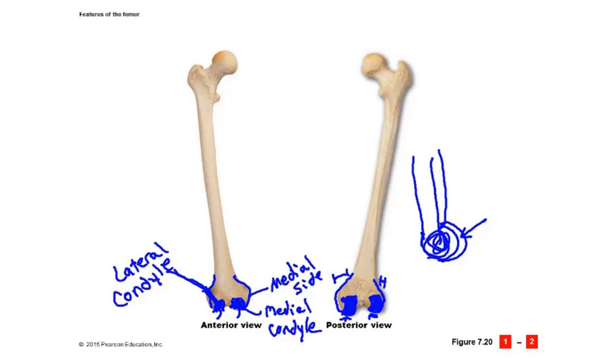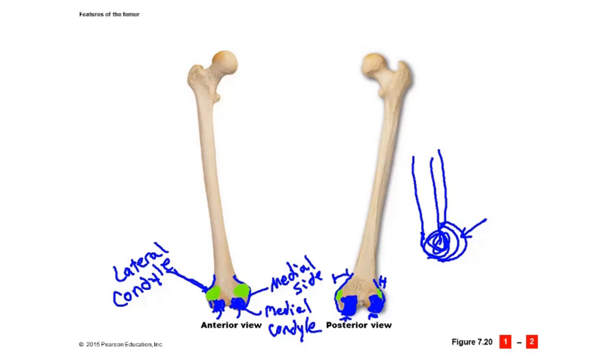Up above the medial and the lateral condyles are little bumps right here. You can see them kind of on this side too, because they go over on the side of the bone. These little bumps right above the condyles that go over on the sides.